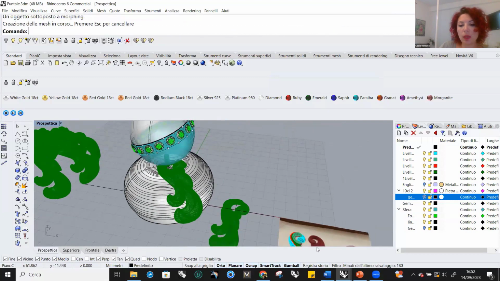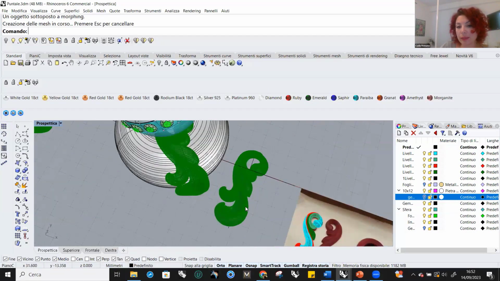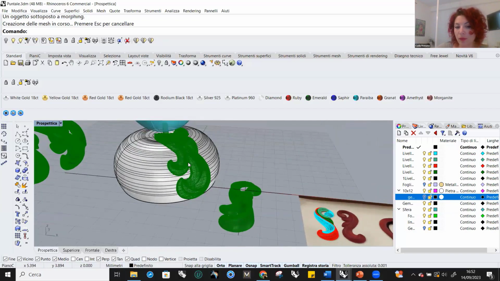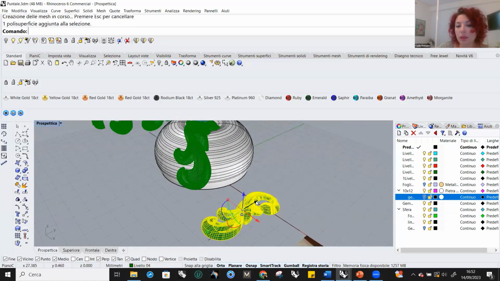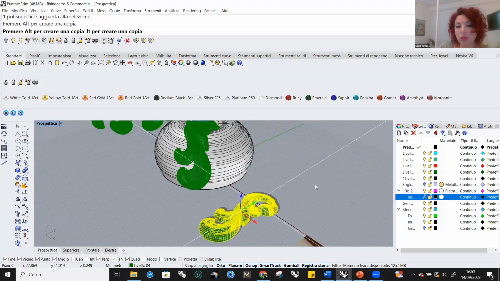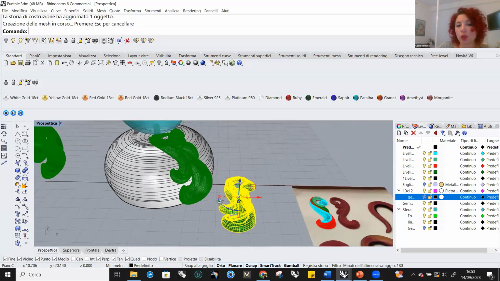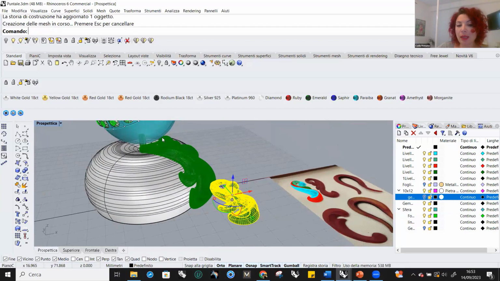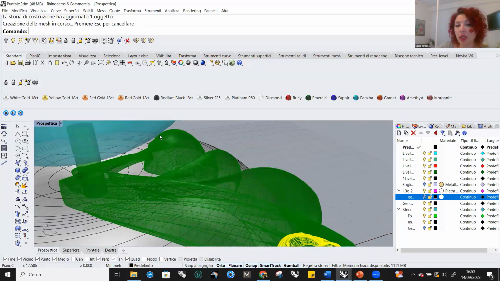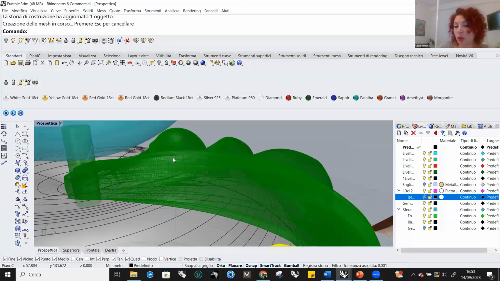Okay. In this case, when I work with the record history activated and I have the final result, if I don't like it, I can modify the object directly as I want. And I can decide which is the perfect position. In this case, I modify again because this part could be a problem for the globe.